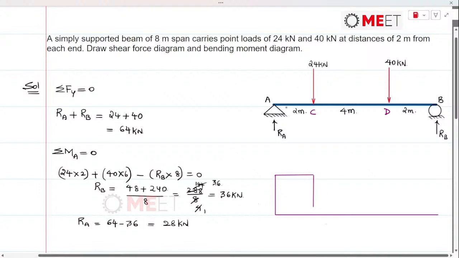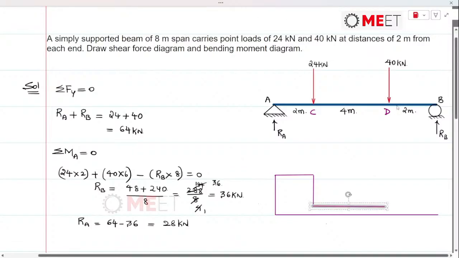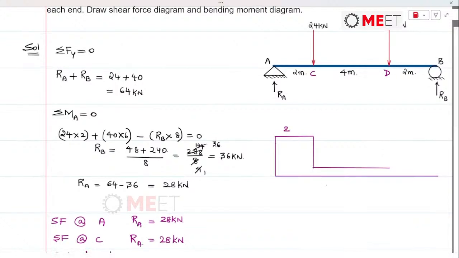and from here again the shear force is going to be constant, that is up till point D. So let me just extend this line up till point D. So this is going to be up till point D. This was 28 kilonewtons.